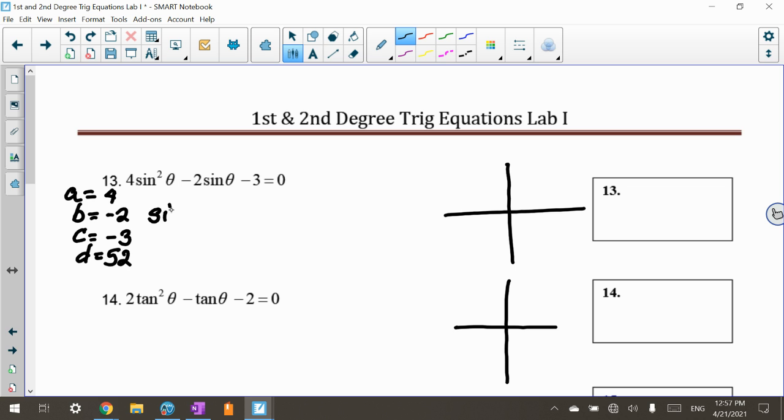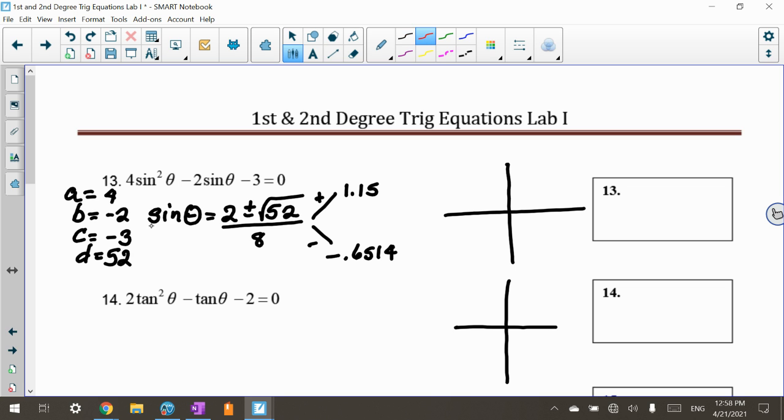So now I know the sine of theta is negative b plus or minus the square root of 52, all over 2a, or 8. You do the plus and minus. Here, what I would suggest is to put the decimal down, go at least 3 or 4 decimal places. With the plus, I got 1.15. When I did it with the negative, I got negative 0.6514.